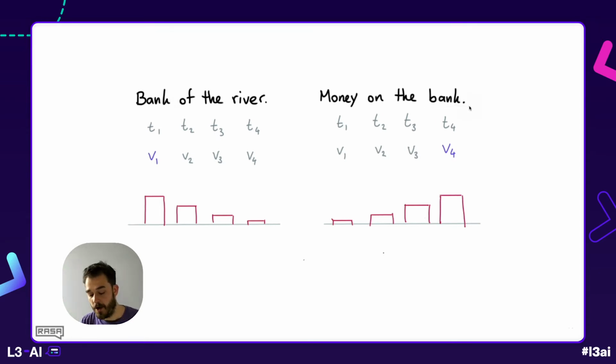Although I hope that you would agree that the meaning of the word bank of the river and the meaning of money on the bank depends on the context of the sentence that it lives in. So if we are going to do some sort of smoothing and contextualizing, it will be nice to do that, but we're going to need to have something other than distance, so to say, to get there.